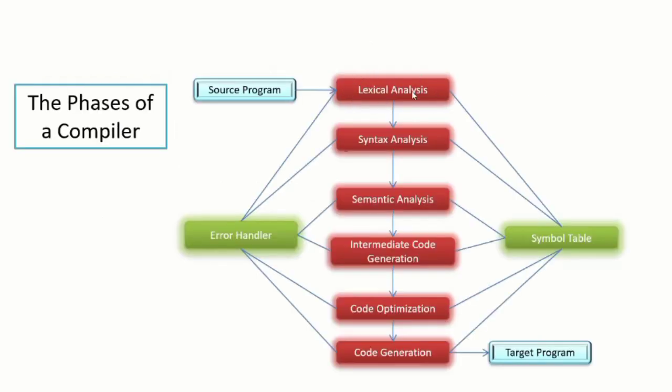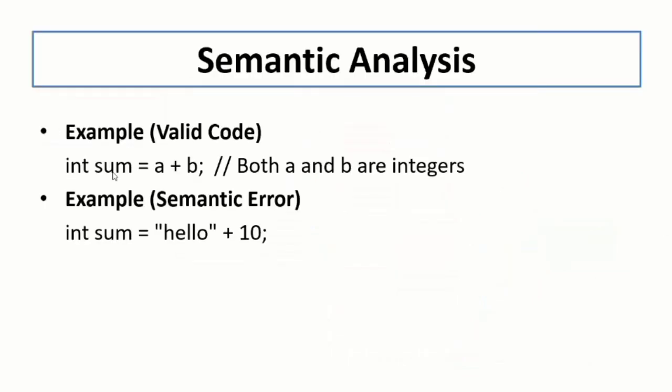We have done lexical analysis and syntax analysis. The syntax analysis produces the parse tree, which is given as input to the semantic analyzer. Then the semantic analyzer semantically verifies it, ensuring the program has meaningful logic, and checks type compatibility, function calls, variable scope, and declaration rules. In this example, int sum = a + b, both a and b are integers, so it is valid code.